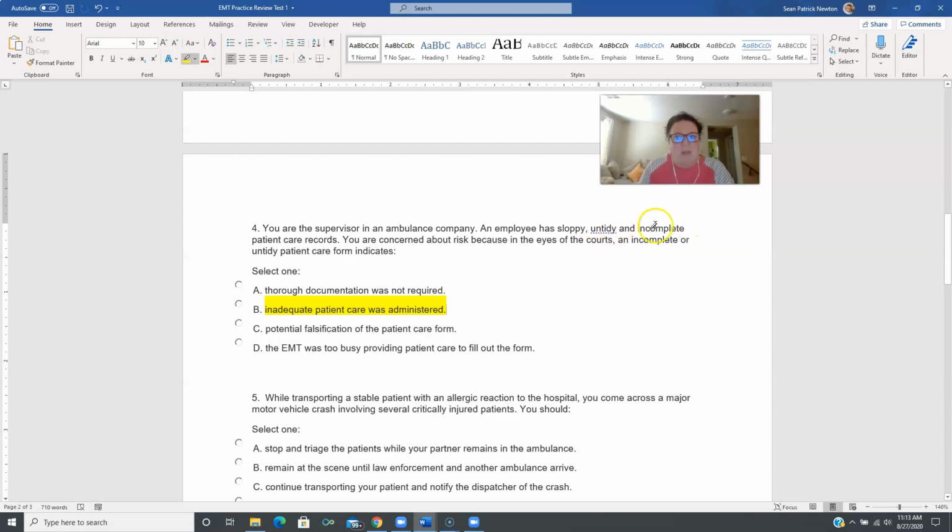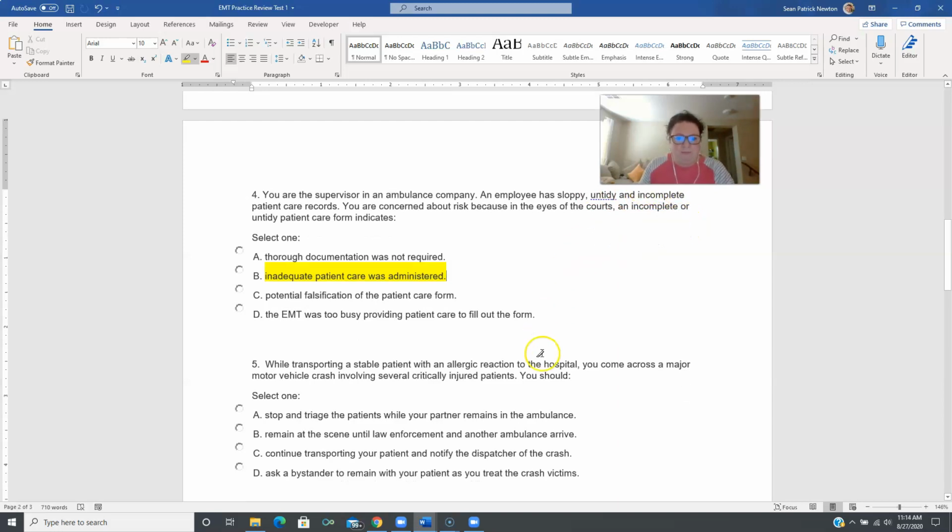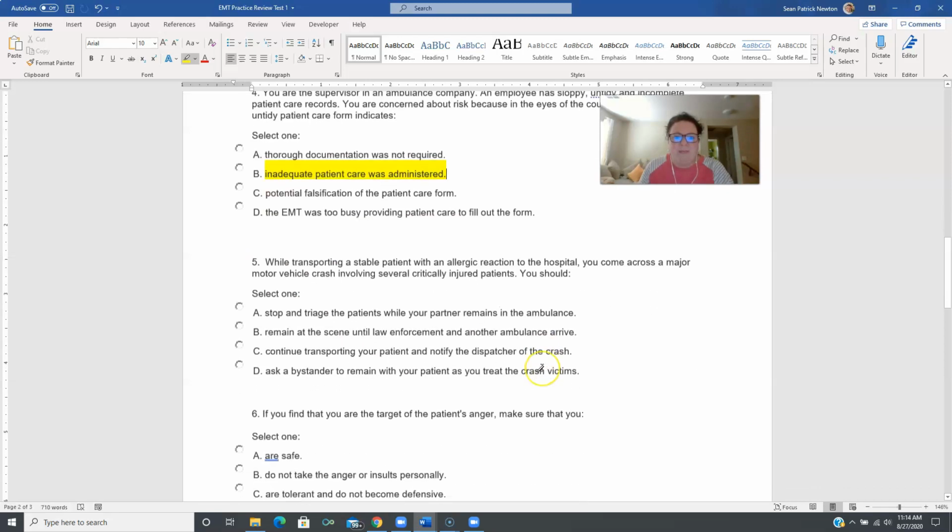Remember this word, incomplete: if you didn't chart it, you didn't do it. D, an EMT was too busy providing patient care to fill out the form. No, too busy is never an excuse to not document. So this is the best answer: in the eyes of a court, untidy, sloppy, and incomplete care records mean inadequate care was administered.